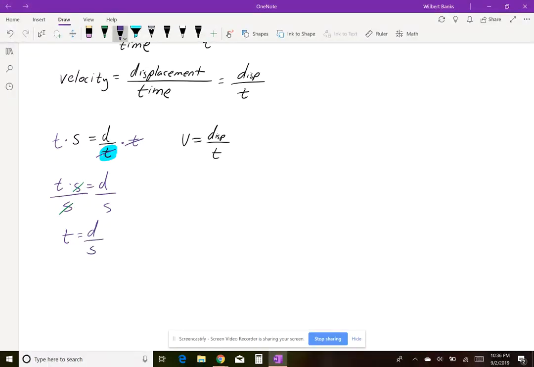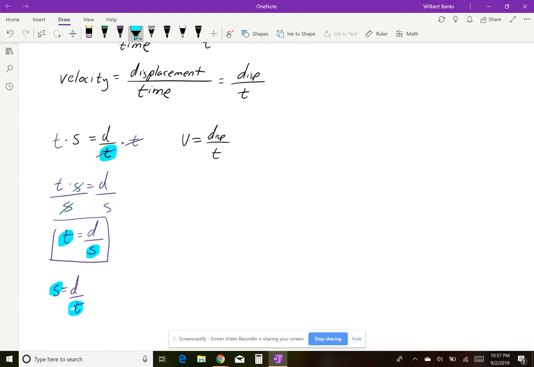Now, the other thing that you notice for this being the equation and my original equation being speed equals distance divided by time, the only thing that happened is that these two variables were switched.